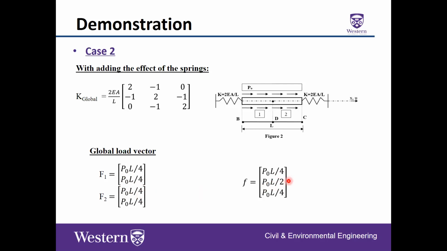So it's P node L/2, and then the third one corresponds to the load acting on joint C, which is P node L/4. Do you have any questions so far?